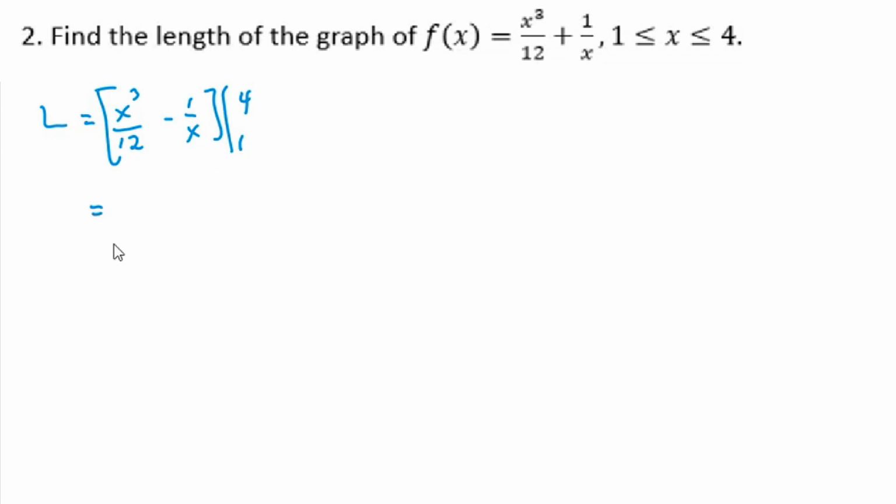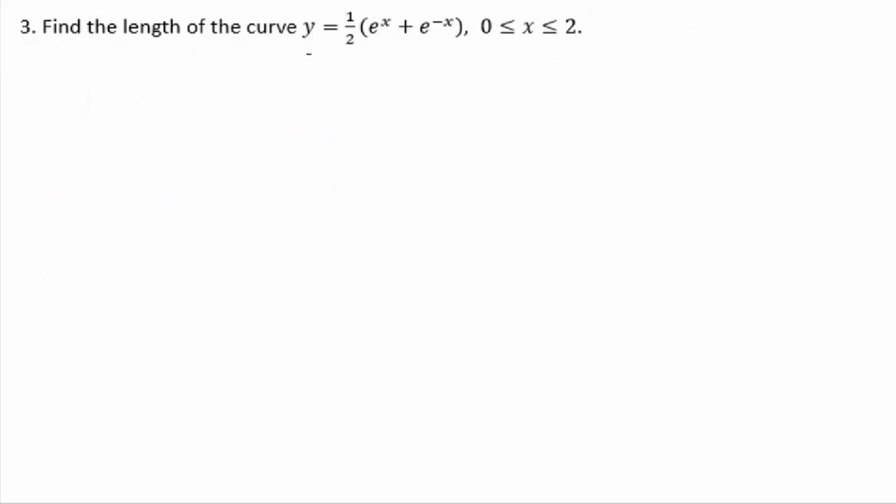So by using the fundamental theorem of calculus, we can have now f of b will give us 64 over 12 minus 1/4. This is your f of b minus your f of a, where a is equal to 1. So we can write now 1 over 12 minus 1. So simplifying that one will give us the answer of 6.